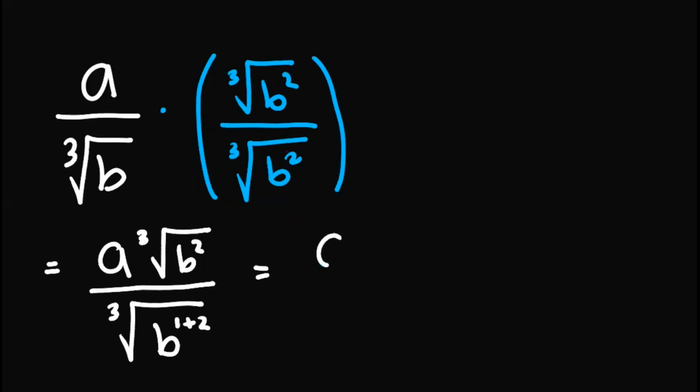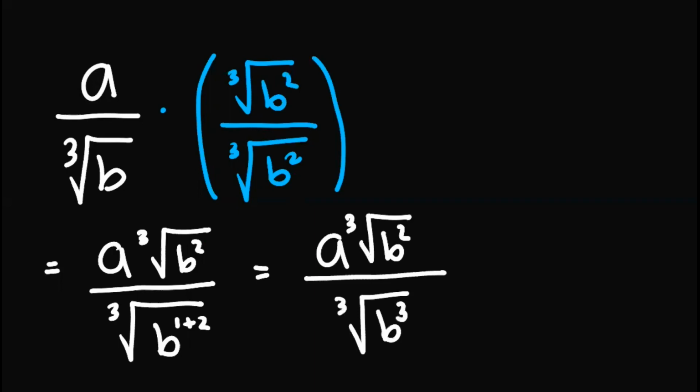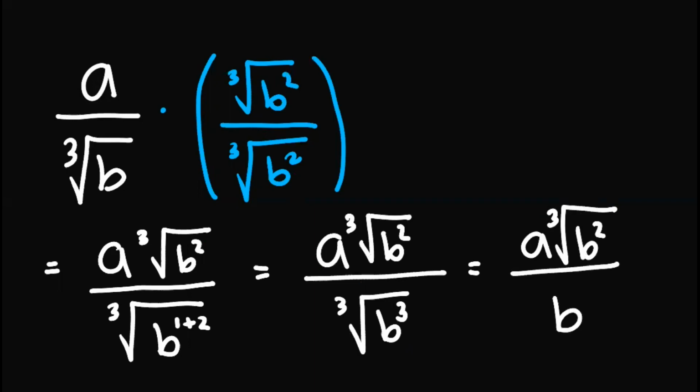This is equal to a cube root of b squared over cube root of b cubed. And then we can simplify this one out here. So our final answer is a cube root of b squared over b. And this one is the answer for this problem.